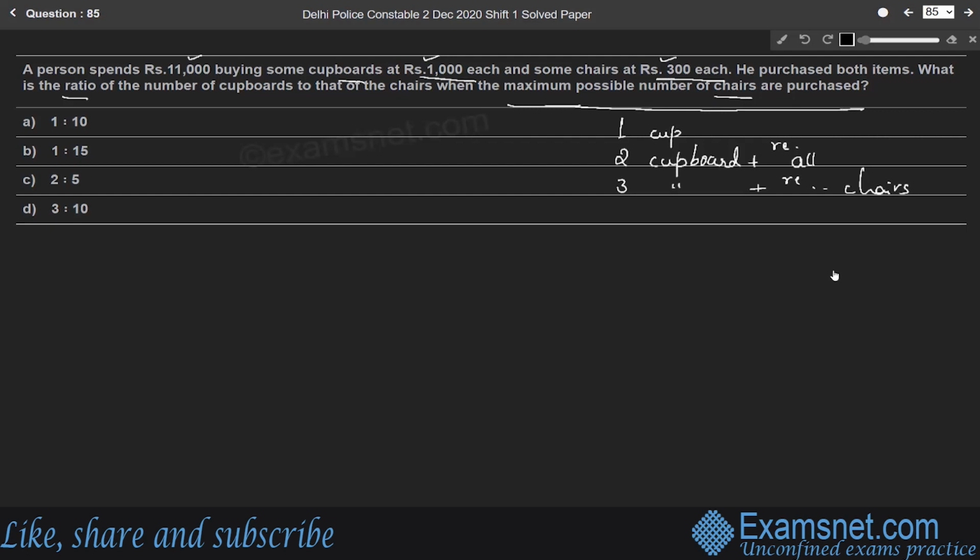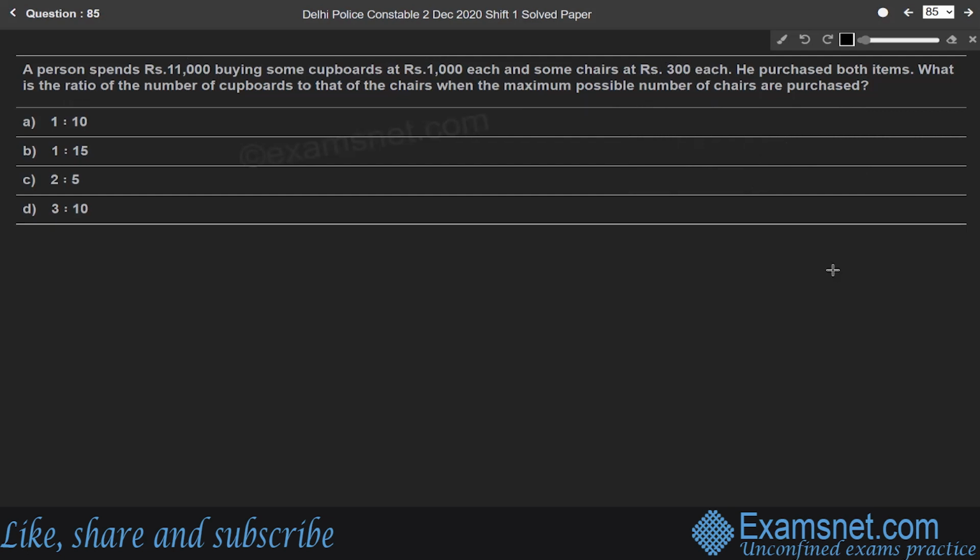Right? So let us go step by step here. Given, total spendings is 11,000 rupees. And cost price of cupboards is equal to 1,000 rupees.